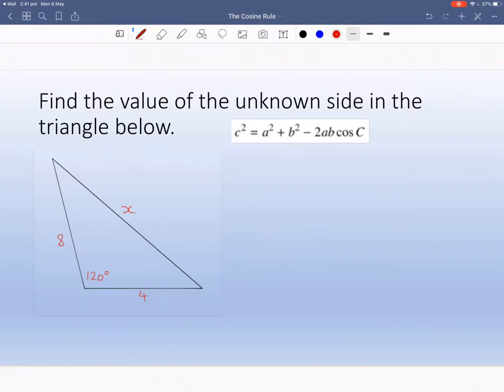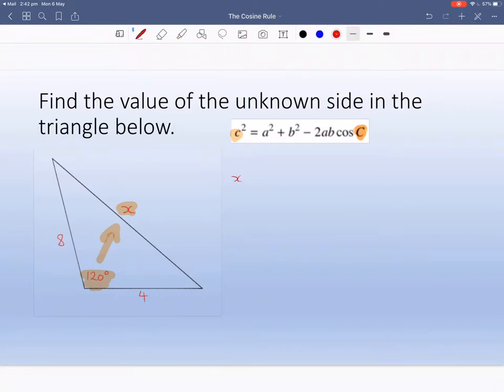All right, so here in this example we need to find the unknown side. One thing to note is that this angle is opposite that side length. So that means we can just pop it in, because see how it's C and C in our formula? So let's pop it in.